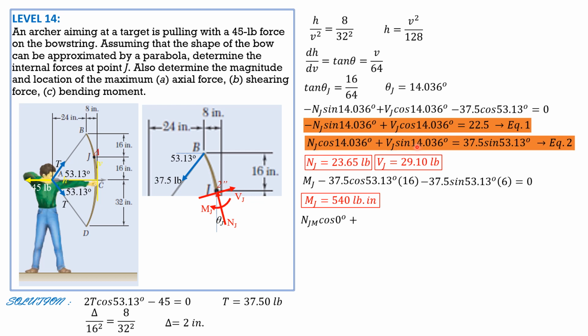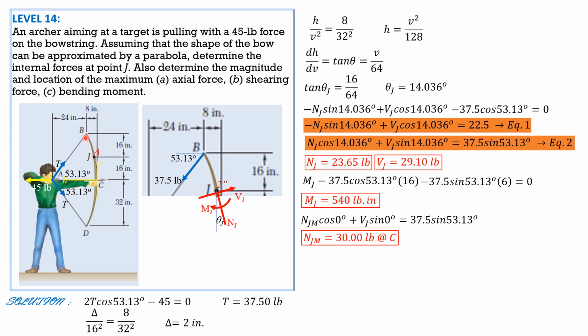So Nj max cosine of 0 plus Vj sine of 0, so Vj cannot contribute, equals 37.5 sine 53.13 degrees. So the maximum normal force is 30 pounds and it occurs at C. Then Nj is minimum when theta J is maximum.